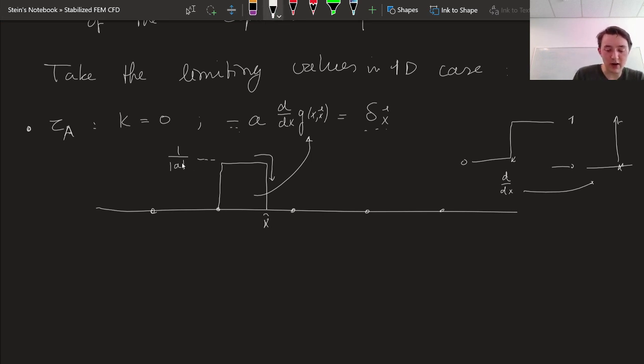Okay, so now all I need to do is plug this Green's function into my definition of our stability parameter, which was 1 over the magnitude of the element, that's going to be h, times the integral over the element, 0 to h, of the integral over the element, again 0 to h, of our Green's function g of x, comma, x hat.